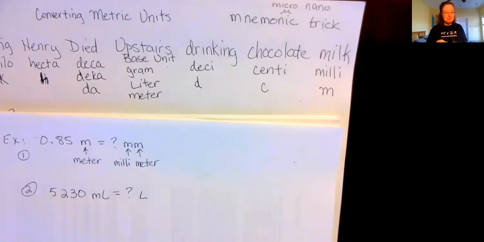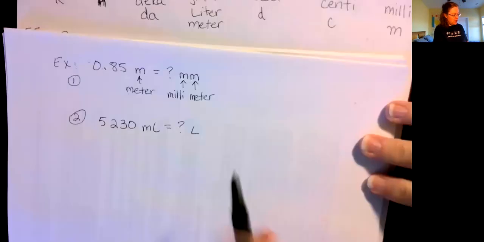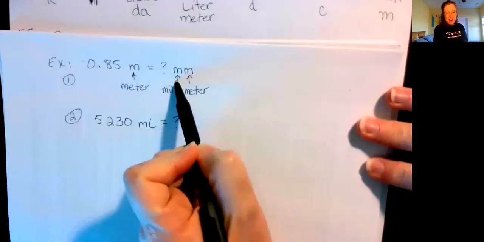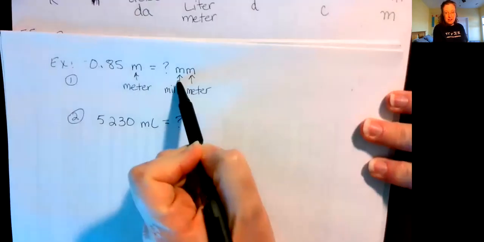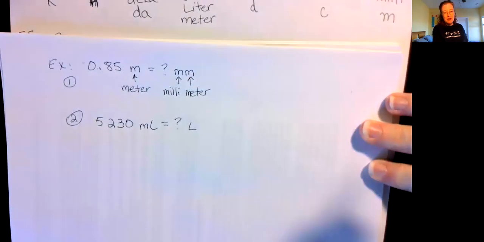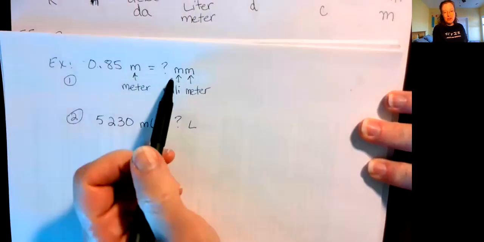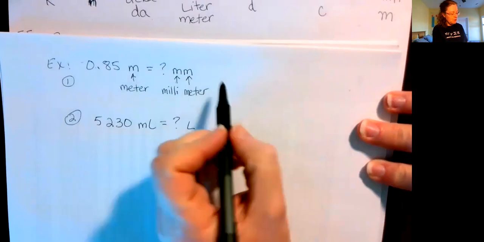All right, I'm going to assume you're pausing the recording and coming back. Okay, welcome back. So here we go. We've got to convert between metric units. I know it's metric units and not English or American units because it has the term meter, liter, or gram.